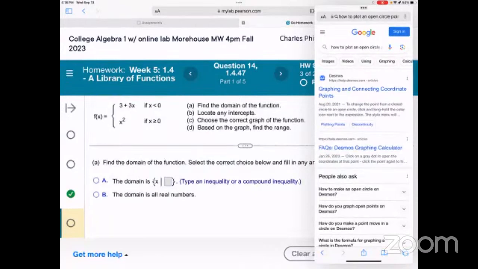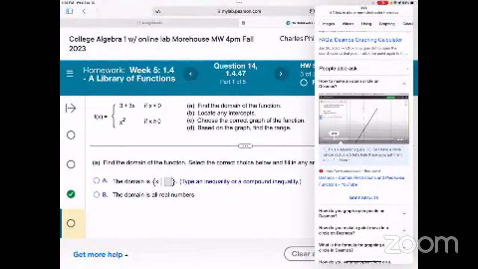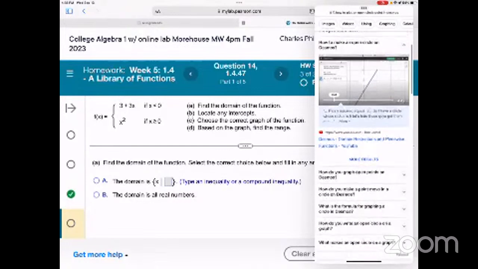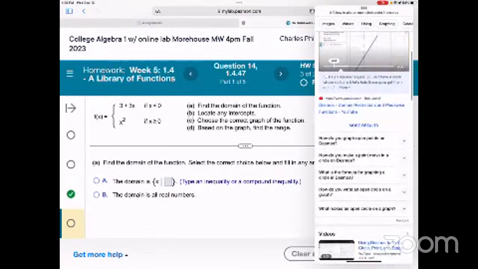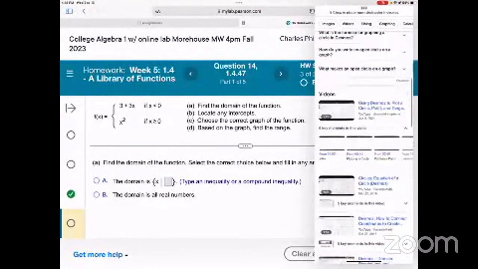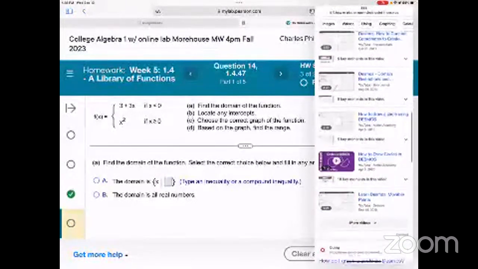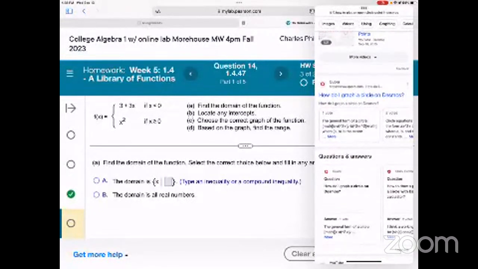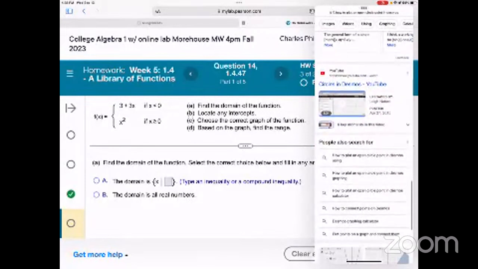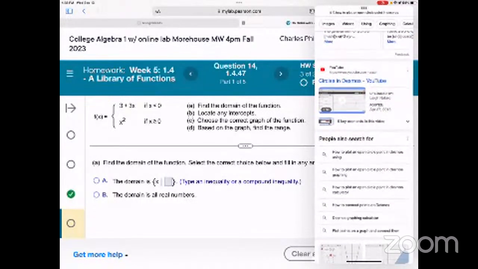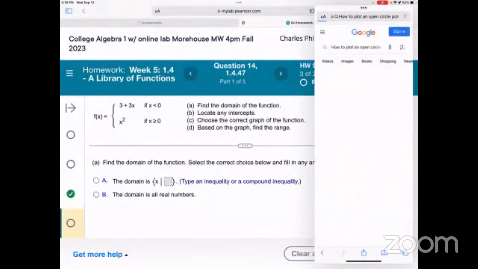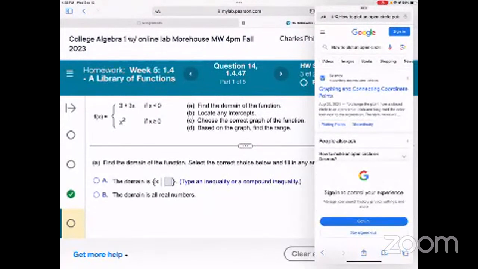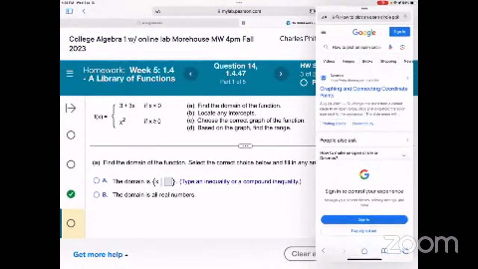How do you make a point move? What makes an open circle? How do I plot an open circle point in decimals? Close circle, click and long hold the color icon. Okay, click and hold the color icon.